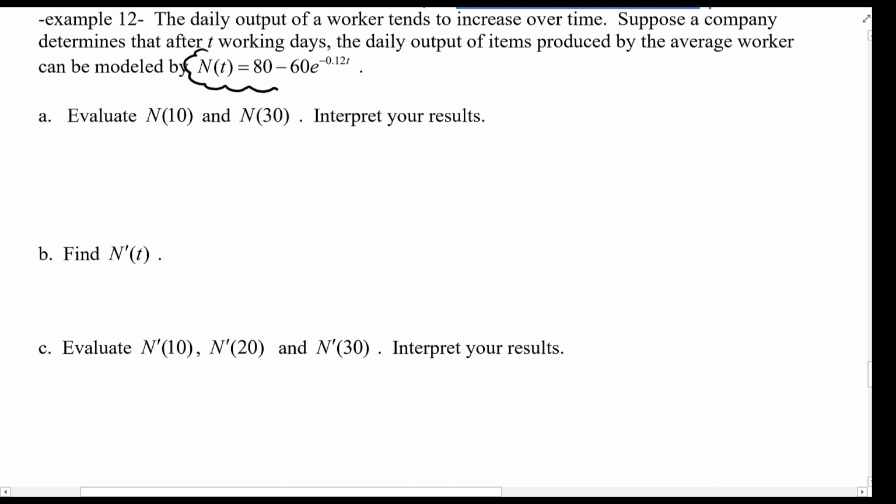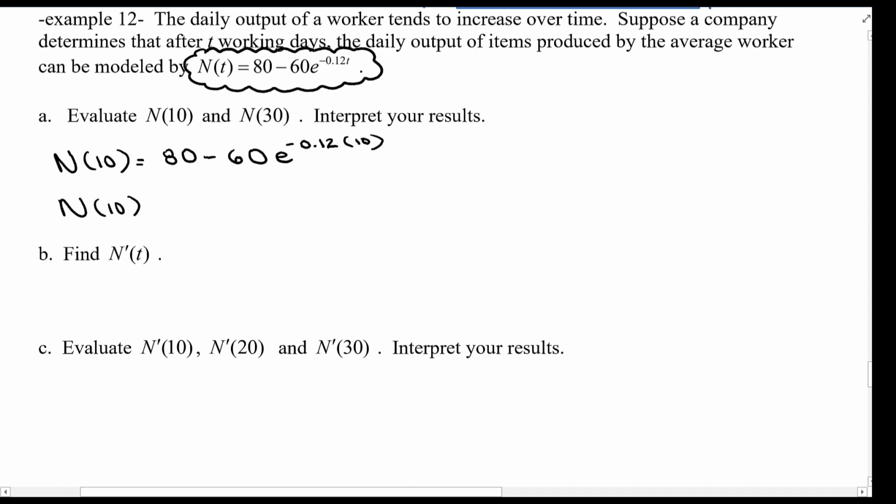I'm going to put a cloud around the function N of t equals 80 minus 60 times e raised to the negative 1/200 t power. I'm going to go ahead and substitute 10 for t. So N of 10 is equal to 80 minus 60e raised to the negative 1/200 times 10 power. N of 10 is approximately equal to 61.928 items.